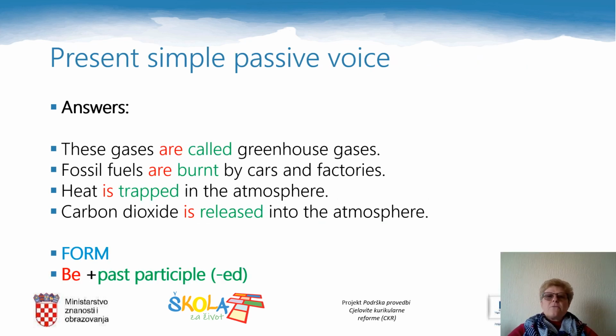This is the passive voice, the present simple passive voice. Passive voice is a type of sentence in which an action, through a verb, or an object of a sentence is emphasized rather than its subject.